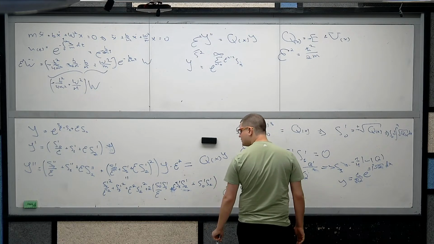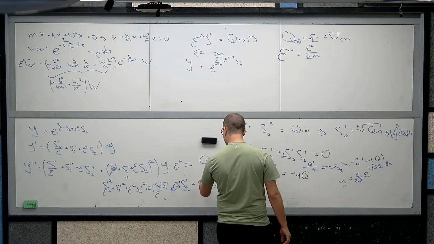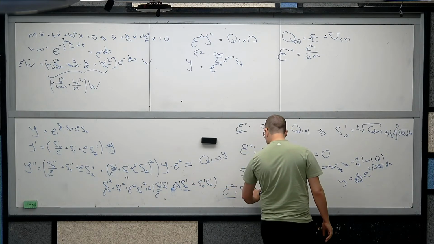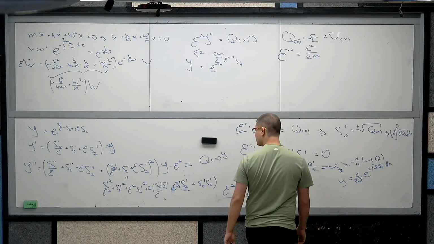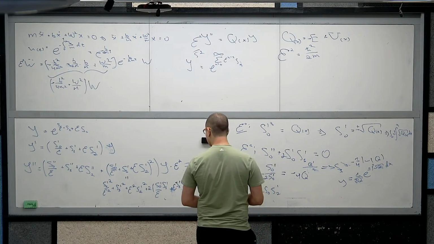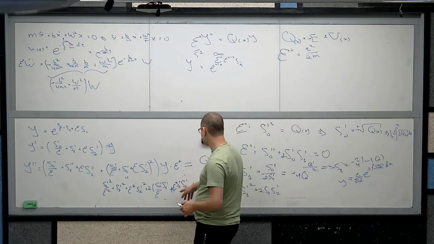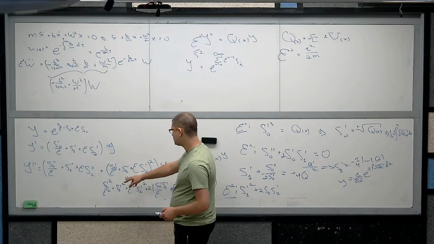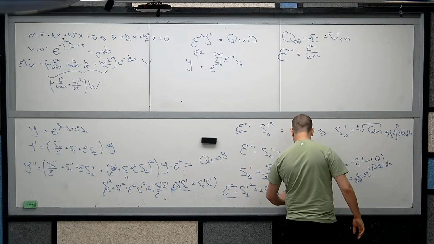S1 squared, and now we have that thing, which will be plus 2S0 S2 prime, plus S1 prime squared, plus S1 double prime. Where is it? I agree with you, but where did I write it? Right here. S1 double prime equal to 0.